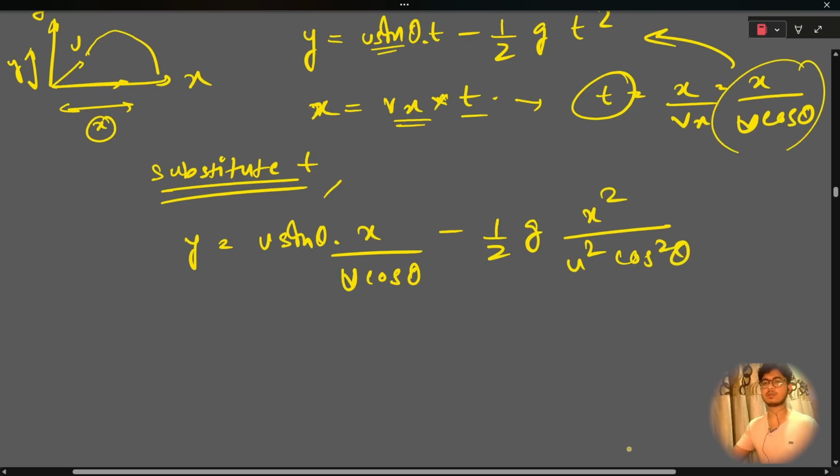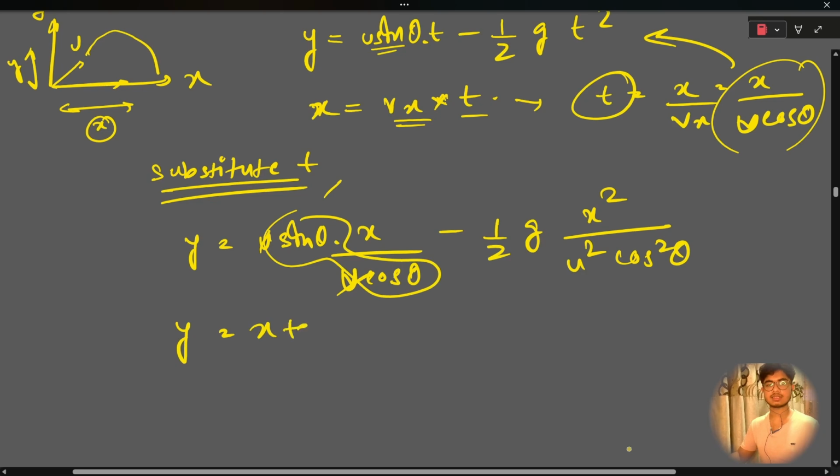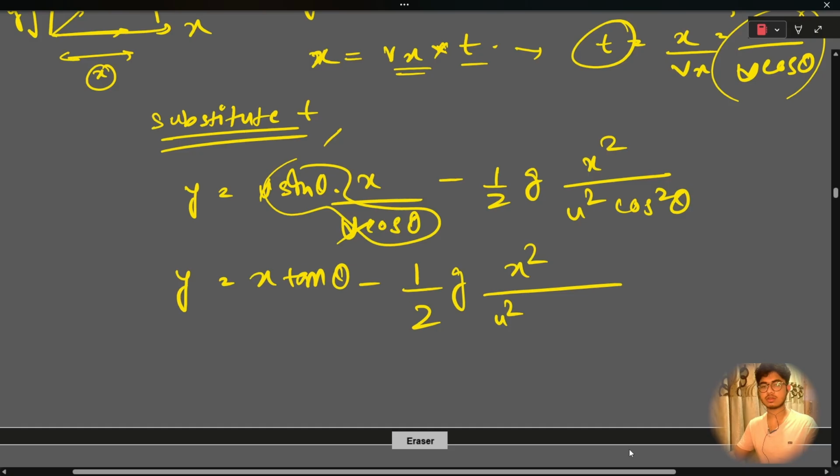This is squared completely because it's t squared, right? So this sin theta by cos theta is x tan theta, now minus half g x square by u square cos square theta.